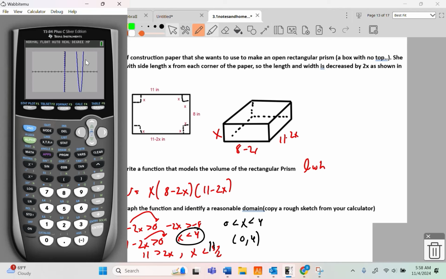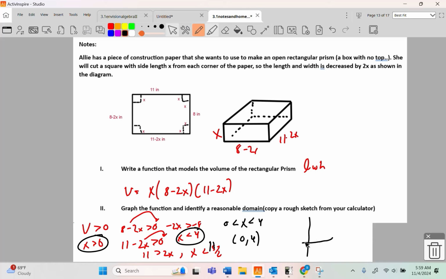Now, why doesn't this one make sense? Let's say that x was 6, because that's bigger than 11/2. If x was 6, this piece wouldn't exist, nor would this piece. What's happening here is you have a negative times a negative, which makes a positive. This thing comes in from there, goes up for a while, goes down, shoots up.